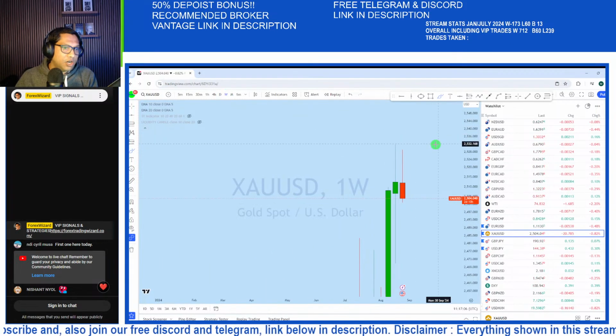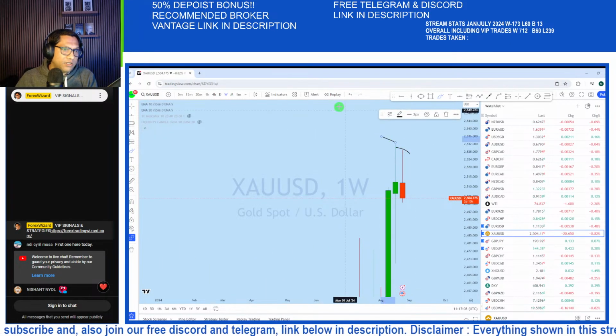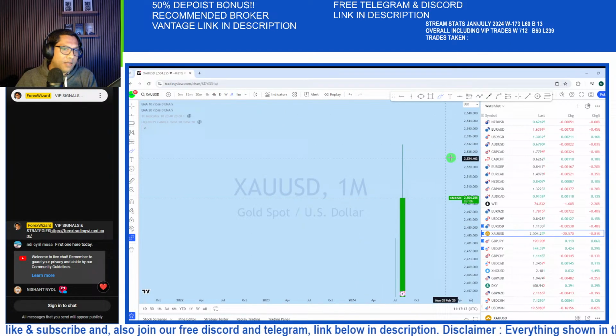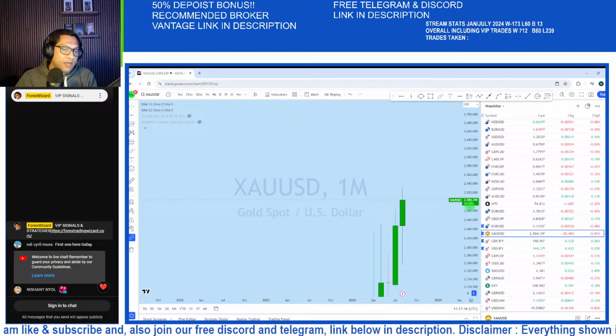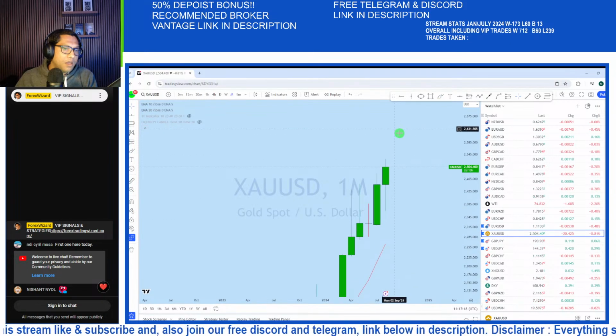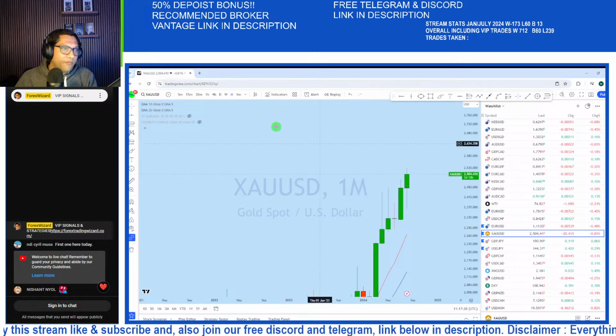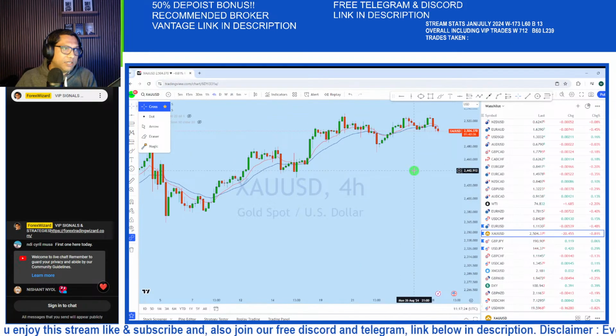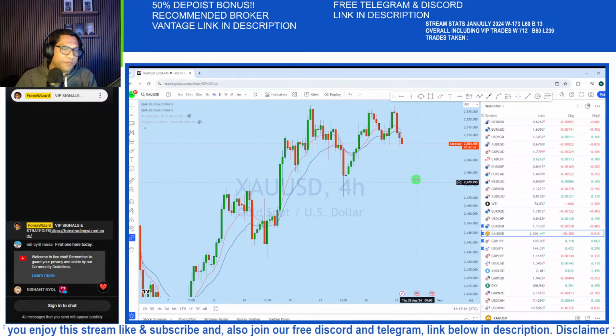If you look at the weekly chart, there is a significant rejection from this level. Looking at the monthly also, you can see that there is a rejection as well from the monthly perspective.